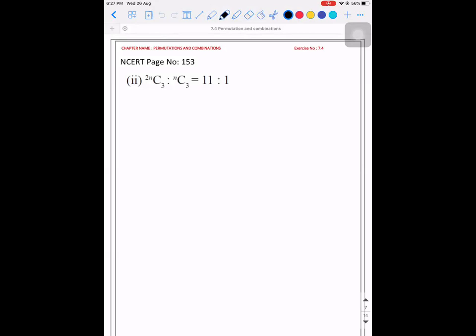2nC3 by nC3 is equal to 11 by 1. After that, 2n factorial by (2n minus 3) factorial times 3 factorial, divided by n factorial by (n minus 3) factorial times 3 factorial, equal to 11 by 1.